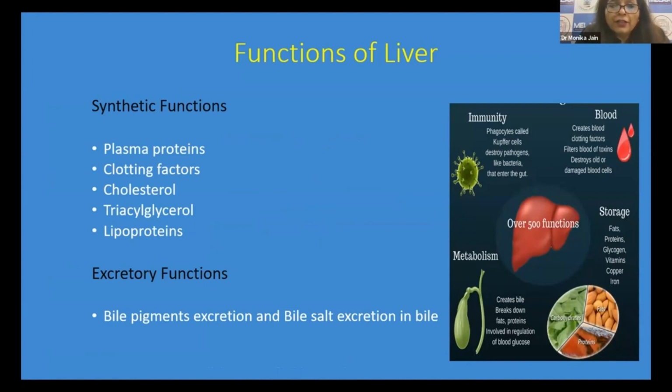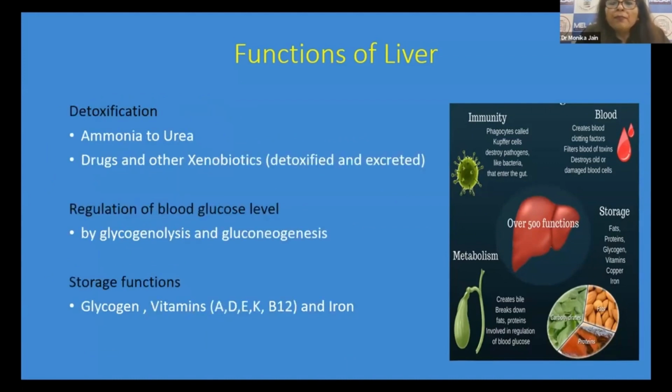A lot of excretory function in our body to excrete different types of toxins like bile acids, bile pigments, bile salts, they all are excreted through liver. The detoxification mechanisms, like conversion of ammonia to urea, certain drugs or xenobiotics, are excreted through liver.